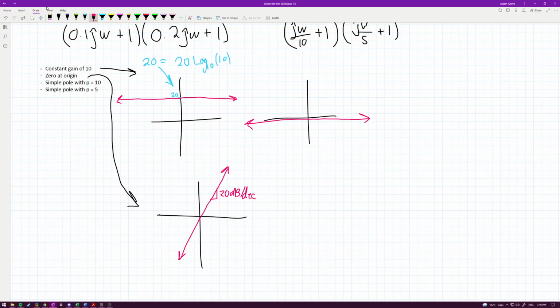And I should be clear, the origin is 1, right? On the x-axis it's 1. And then the phase plot is a constant 90.